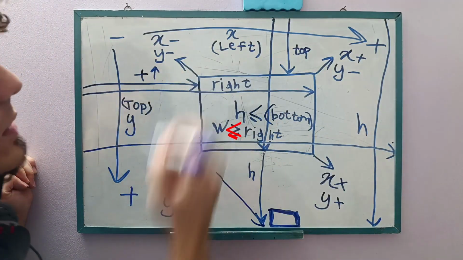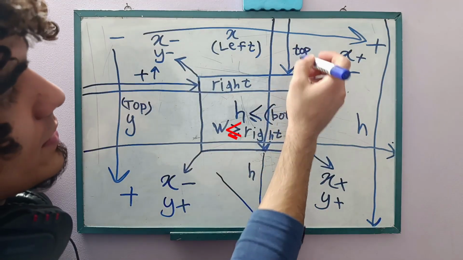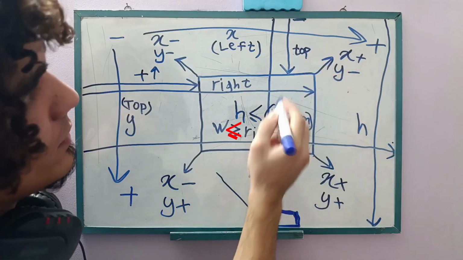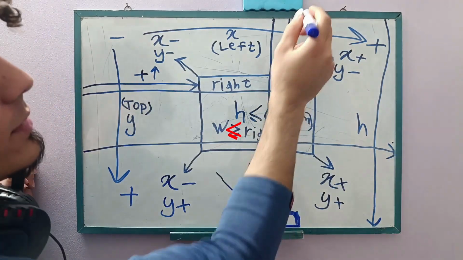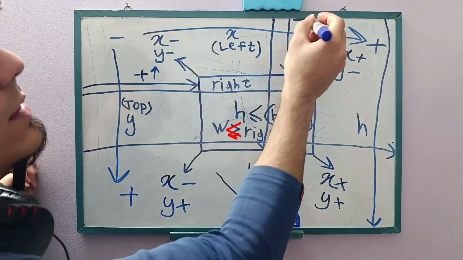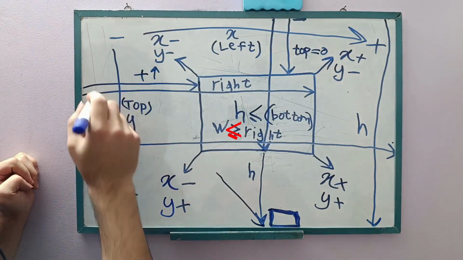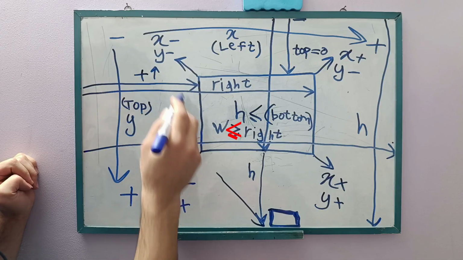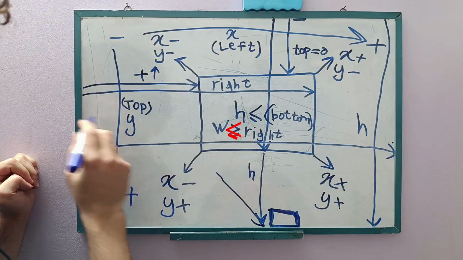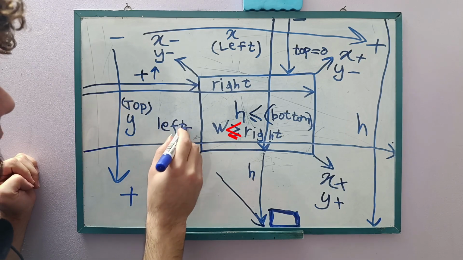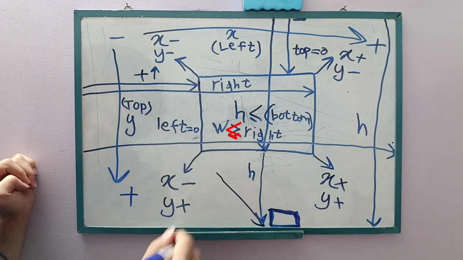And these walls are pretty easy because we can see here's the top. If the top gets to 0, there's no space between the top of the screen and this DVD, we can understand that we hit the top wall. And the same here with the left property. If the left property is equal to 0, it means that we hit this wall.